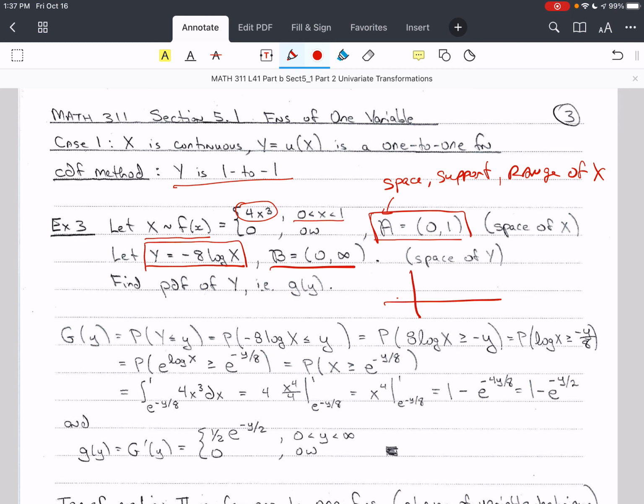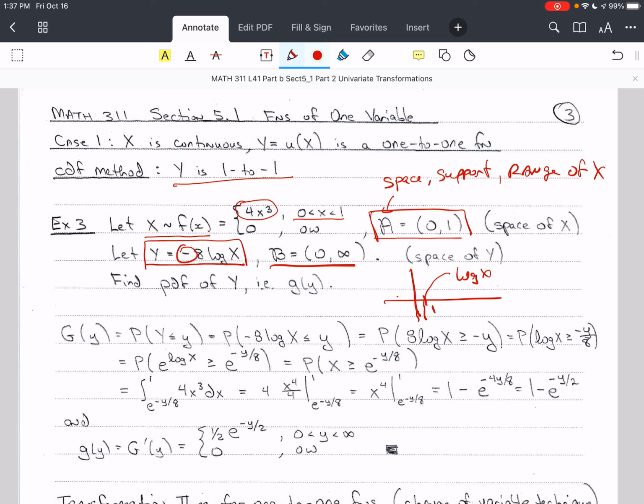If you remember that the log of x crosses at 1, and when x is less than 1, it gets negative. And as x approaches 0, y approaches negative infinity. But I have a negative out here. So a negative times a negative gives me a positive, so I end up with a positive infinity. And then when I look at 1, I plug in 1 for log of x. Log of 1 is 0, so y is 0.